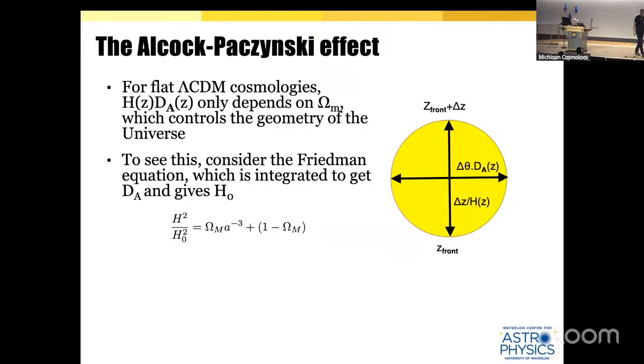For flat cosmologies, lambda CDM cosmologies, here's the Friedmann equation. It only depends on matter, omega matter. And h times dA normalizes out the Hubble parameter, and it leaves you with a dependence only on omega m. So the Alcock-Paczynski effect is a very good way of measuring the matter density in the universe.